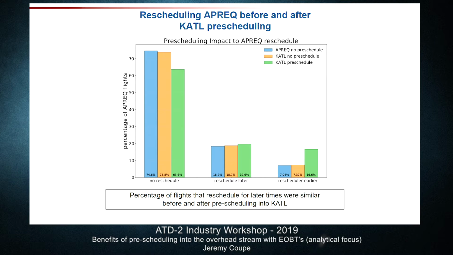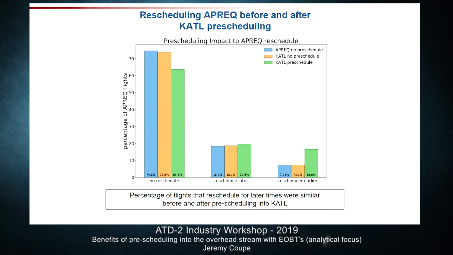However, what I think we're most interested in is what percentage of those flights are rescheduling for later times, and did introducing pre-scheduling increase or decrease or maintain that percentage of flights that have to reschedule for a later controlled takeoff time.